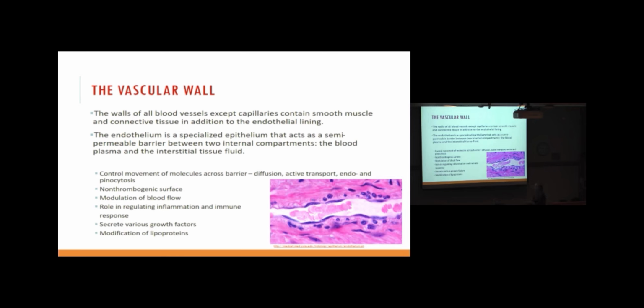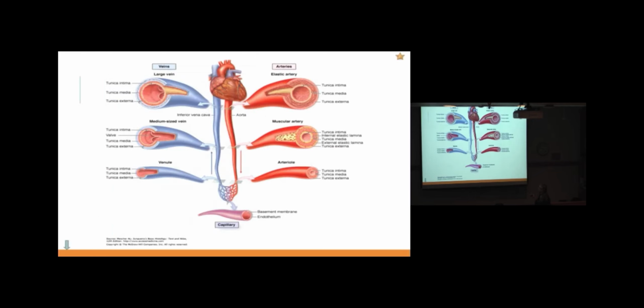They secrete various growth factors. They're important in angiogenesis. They modify lipoproteins in the blood to tell the body it's time to remove these. They're getting old. So this is all those things I just told you that the wonderful endothelial cells do in more detail. This is really just for your information and because I thought it might be useful later in your career here.